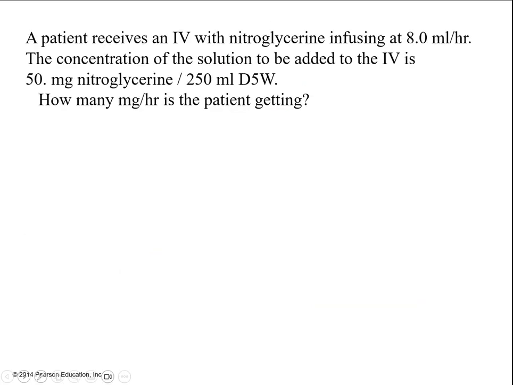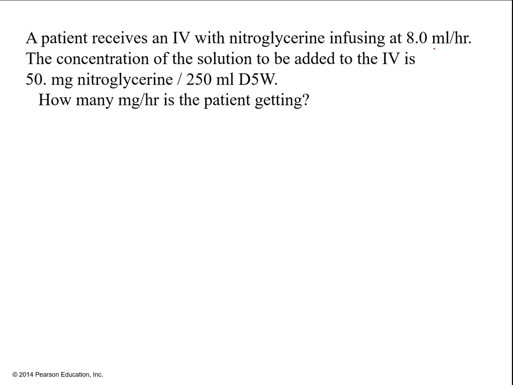Things that you're going to see in medications is you will oftentimes have dosages. So this is looking at a dosage, and you're like, oh no, it's a word problem. All you want to do is pull out what do I know and what am I trying to find? The first thing is it says a patient receives an IV with nitroglycerin infusing at 8 milliliters per hour.